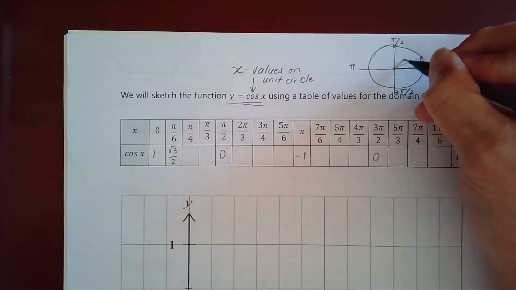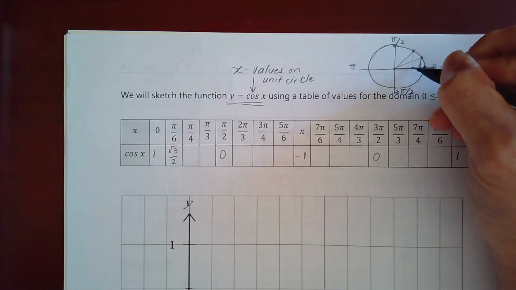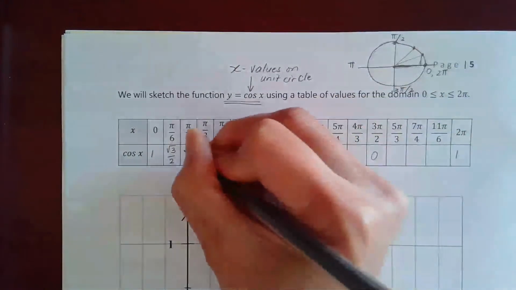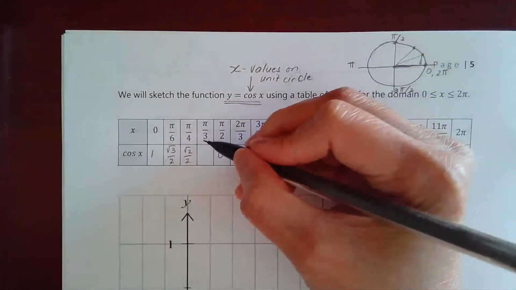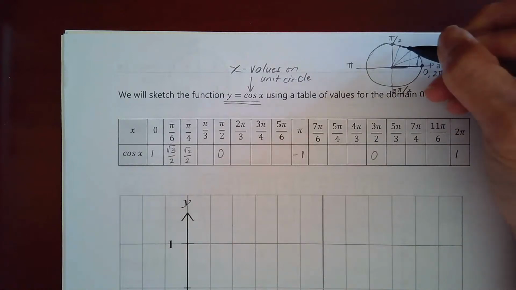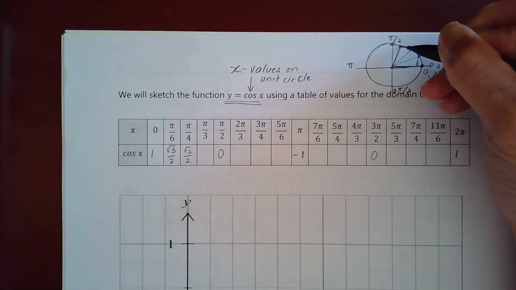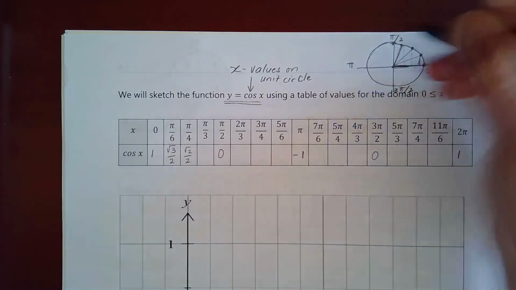The x coordinate would be root 2 over 2. And then pi over 3, up there in quadrant 1. The x coordinate there would be 1/2.